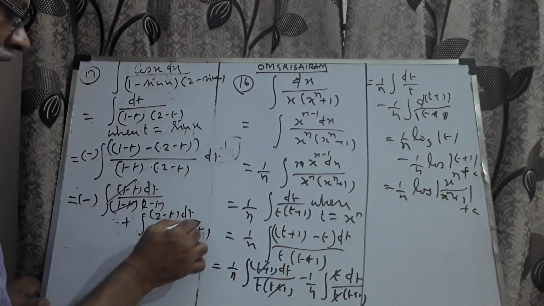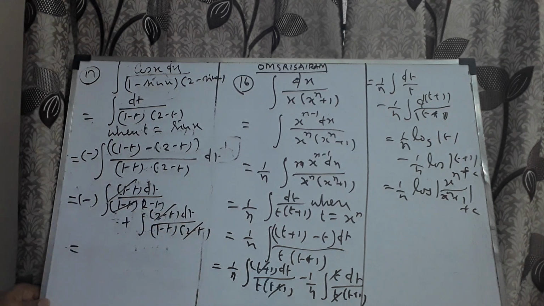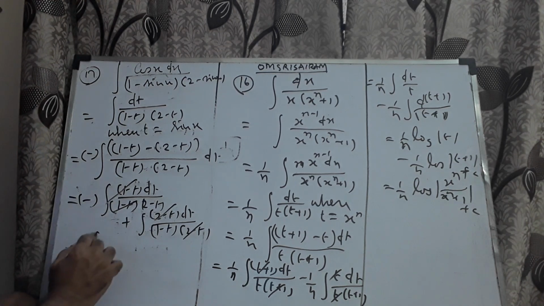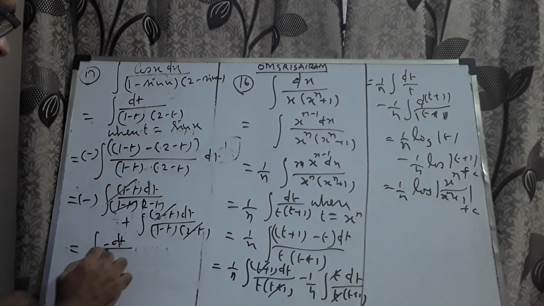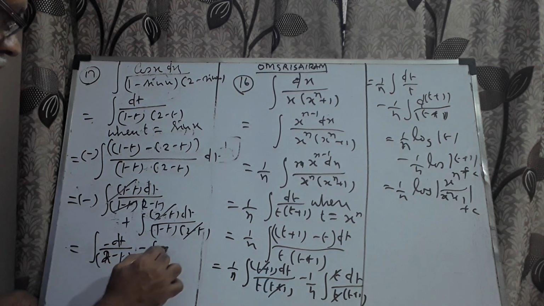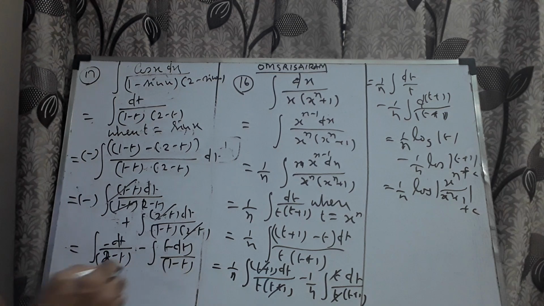Here 1 minus t gets cancelled, here 2 minus t gets cancelled. But the derivative of 2 minus t is minus dt, and the derivative of 1 minus t is also minus dt. Therefore take this minus sign inside. This can be written as dt by 2 minus t, and with two minus signs here, minus dt by 1 minus t.